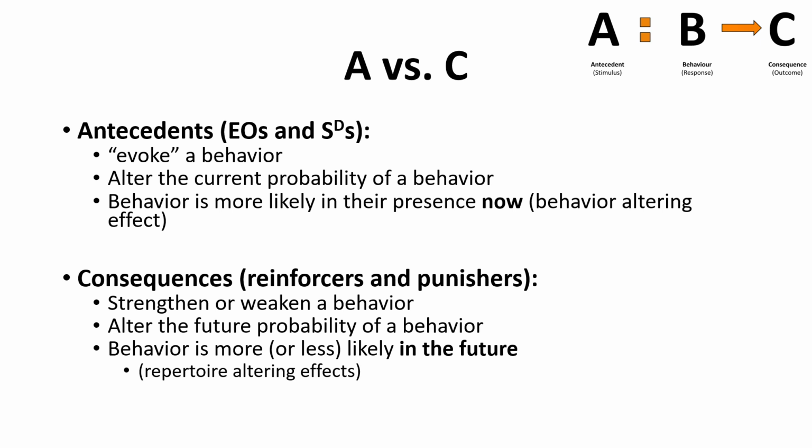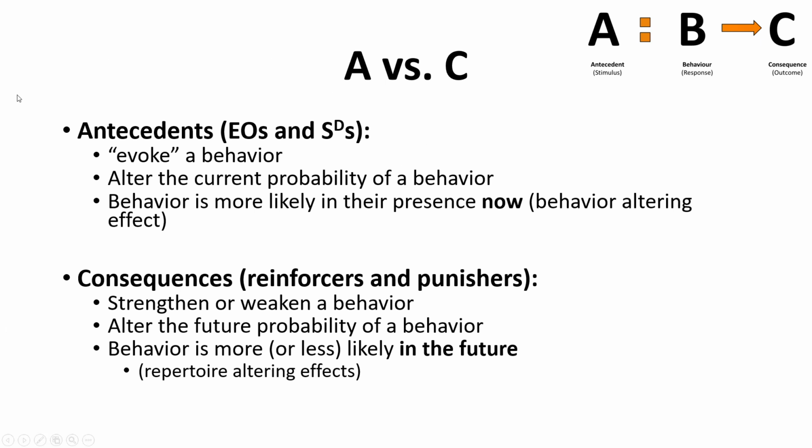We can elicit behavior, but that's specifically going to be applying to respondent conditioning, which will come up in later chapters. So antecedents evoke a behavior by altering the probability of that behavior occurring right now. And eliciting is something we'll pick apart a little bit later on.